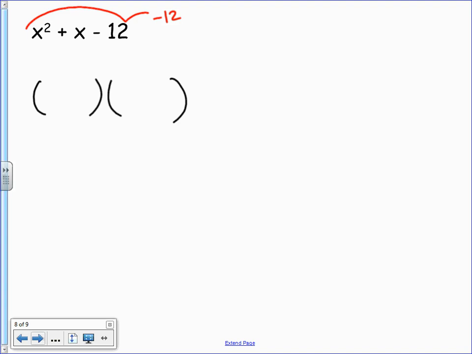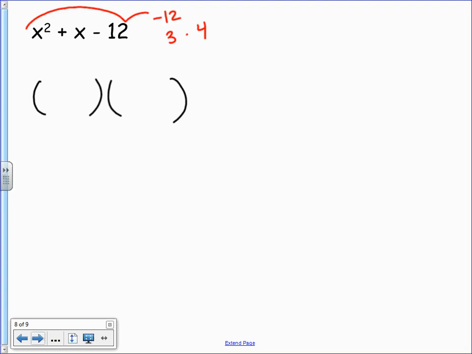Remember, if my product for a times c is negative, then my two factors are going to be different signs. I run through my factors of 12, 1 and 12, 2 and 6, 3 and 4, and 3 and 4 are the numbers that I want. Because if one is positive and one is negative, they'll make negative 12.